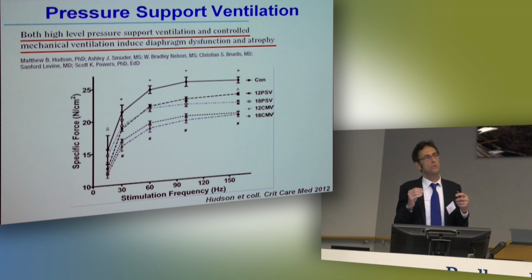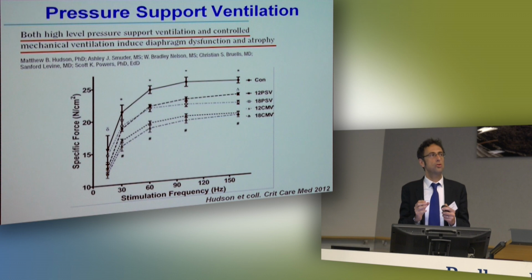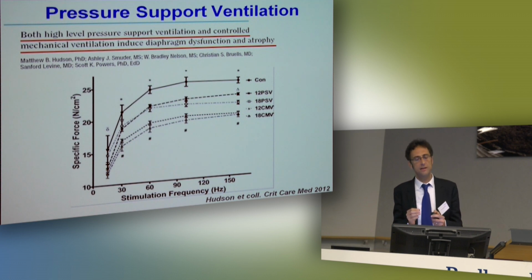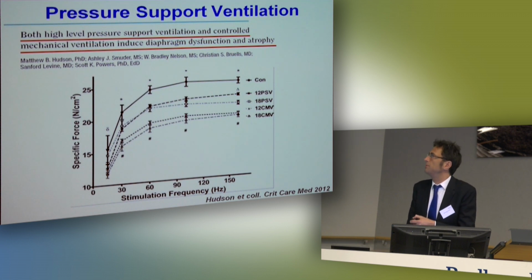But the difficult thing is that it's not only controlled mechanical ventilation that induces diaphragm dysfunction, it's a strong unloading. Too much unloading induces diaphragm dysfunction. And that's what this paper shows.